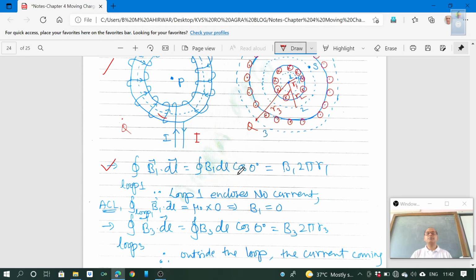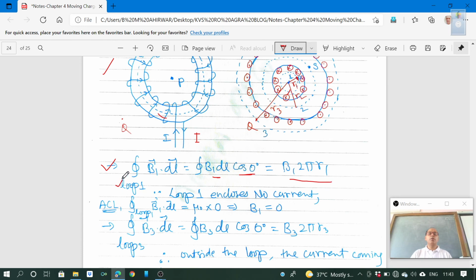Since the direction of the magnetic field is tangential, if we consider a small element dl, the direction of the magnetic field is the same as dl, so the angle is 0, that is, B1 2 pi R1.